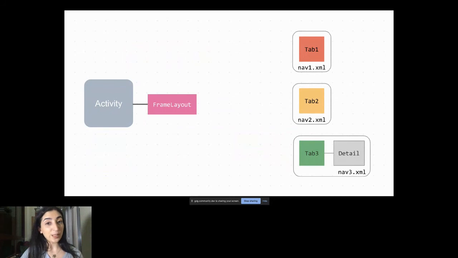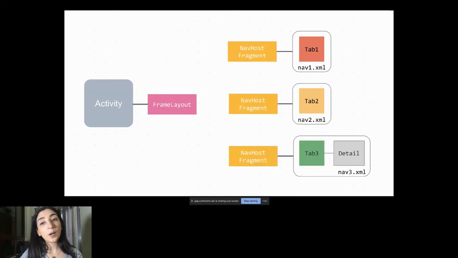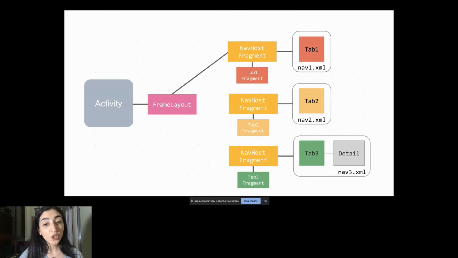We have our navigation graph that is now separated into 3 different navigation graphs, 1 for each tab, a series of fragments. And every nav graph will be bound to a new instance of the nav host fragment. And then the frame layout will be able to attach and detach the different nav host fragments that it actually needs to display.